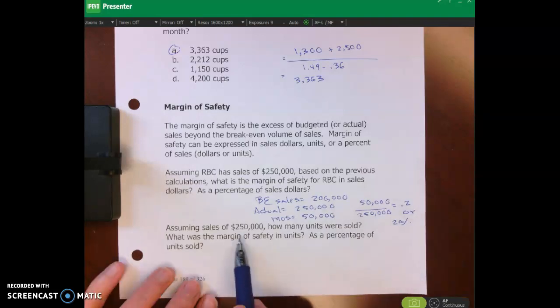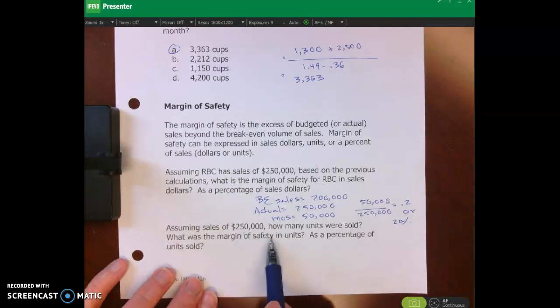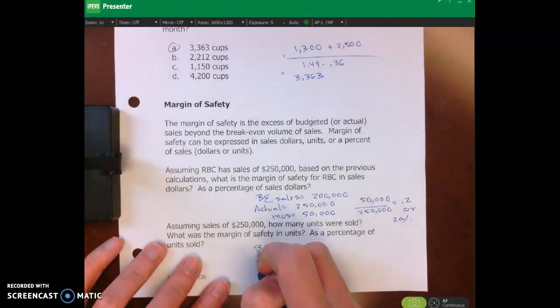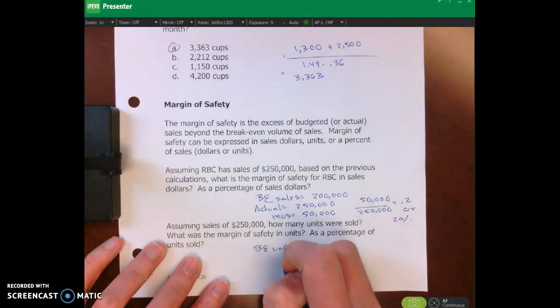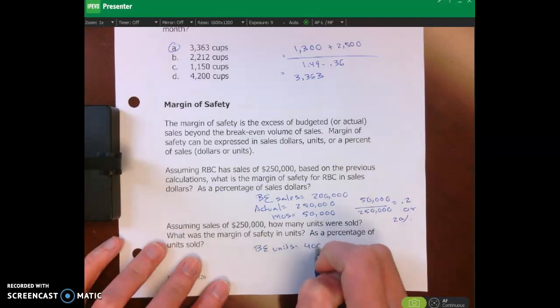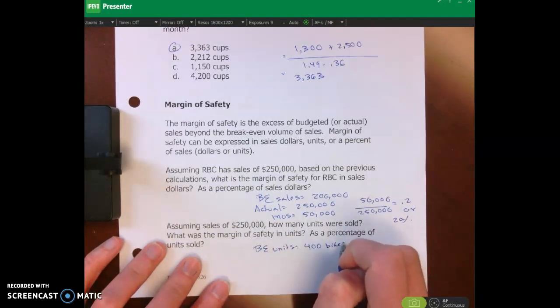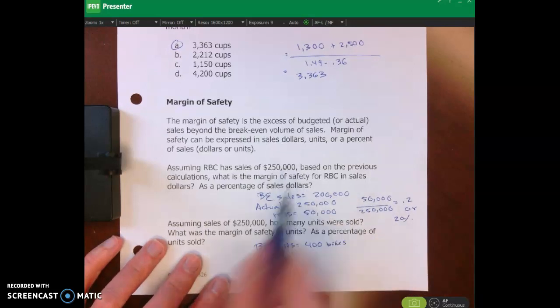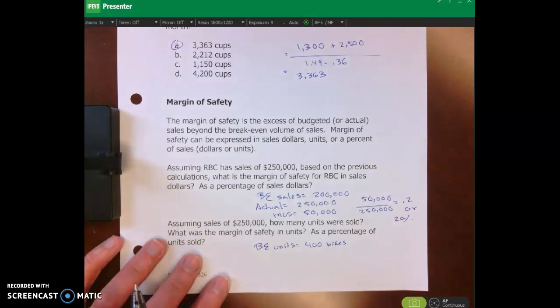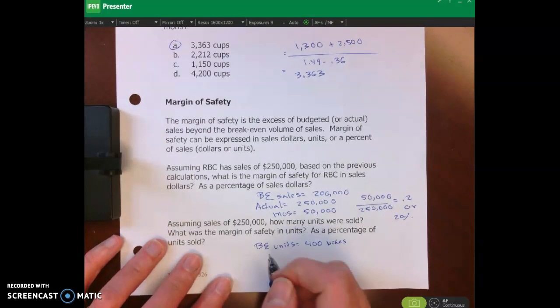Okay. So we can do this in terms of units. Remember, break even in units for RBC is equal to 400 bikes. And if we're currently selling $250,000 in sales and each bike is sold for $500, that means we're selling 500 bikes right now.